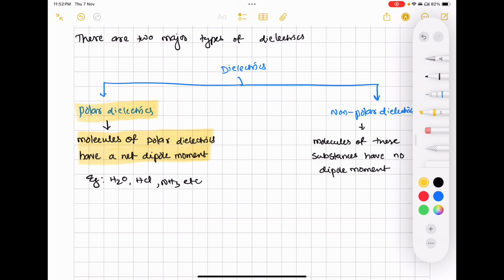Nonpolar dielectrics are molecules having no dipole moment. That is, molecules of these substances have no dipole moment. So polar dielectrics have net dipole moment and non-polar dielectrics have no dipole moment. Examples are oxygen, hydrogen, nitrogen, etc.